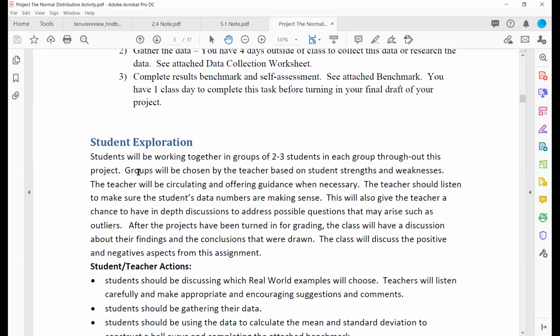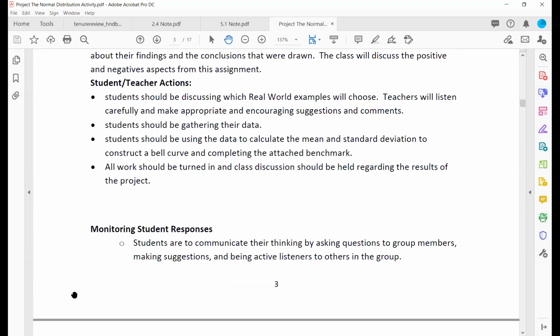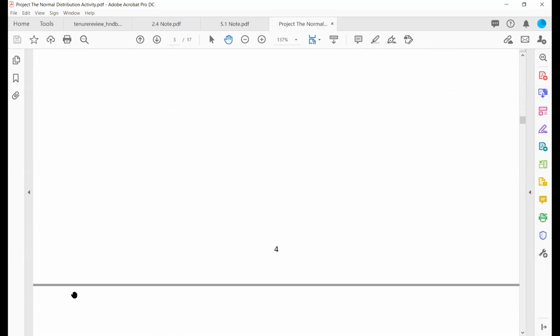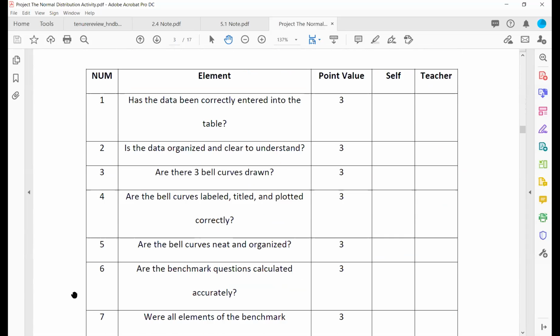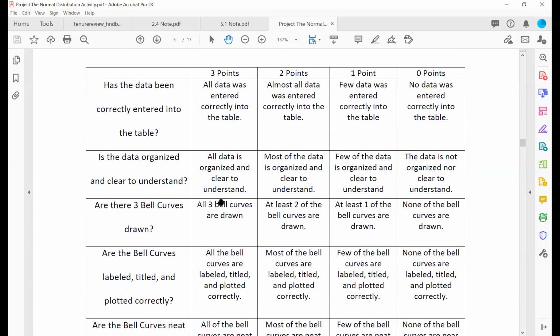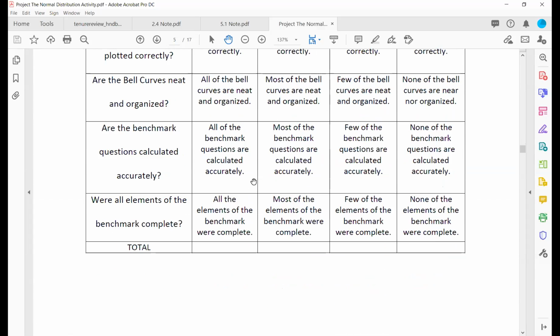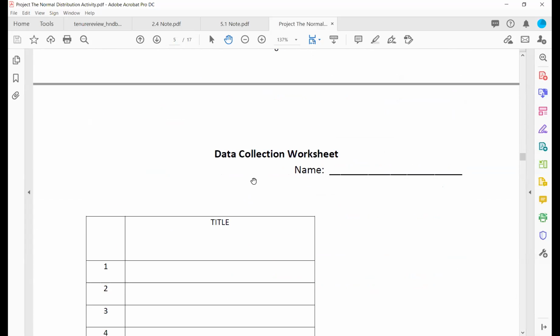You need to find the mean and standard deviation for your data. As I mentioned, there is a sample for you. And don't forget to answer these questions. And here there is a rubric for you. You can follow the rubric, it's very helpful.